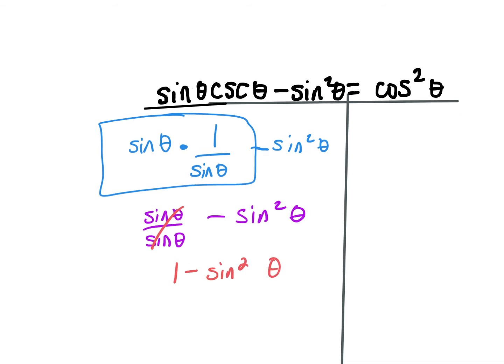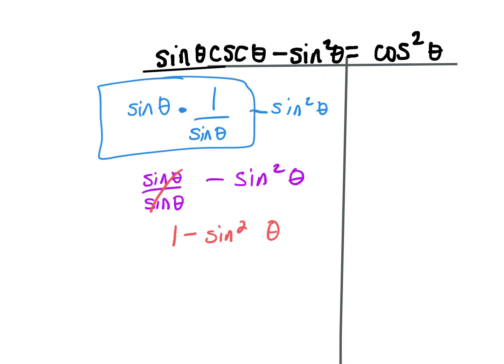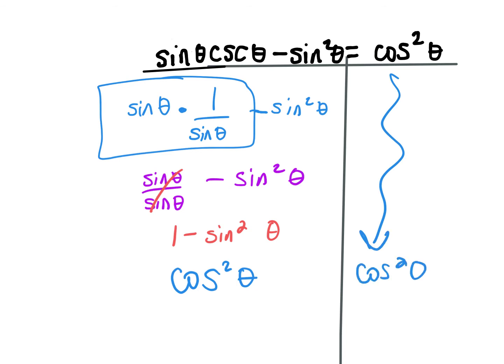What Pythagorean identity am I going to look at and be like, oh my gosh, I see this a million times? 1 minus sine squared is the same as what? Same as cosine squared. Good. And what do I have over here? Cosine squared. Good.